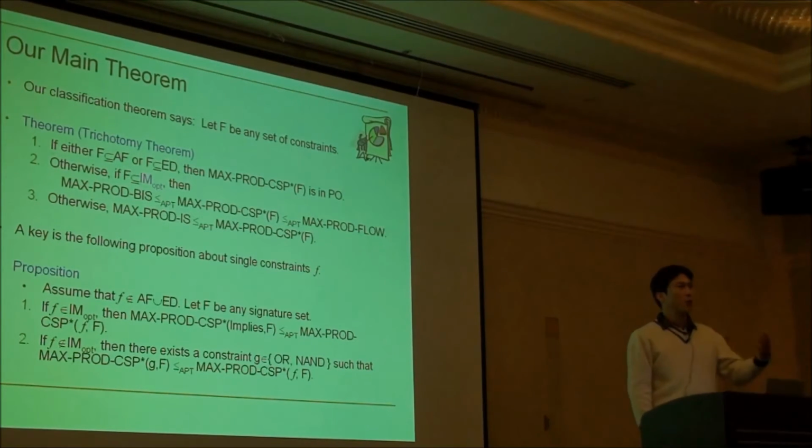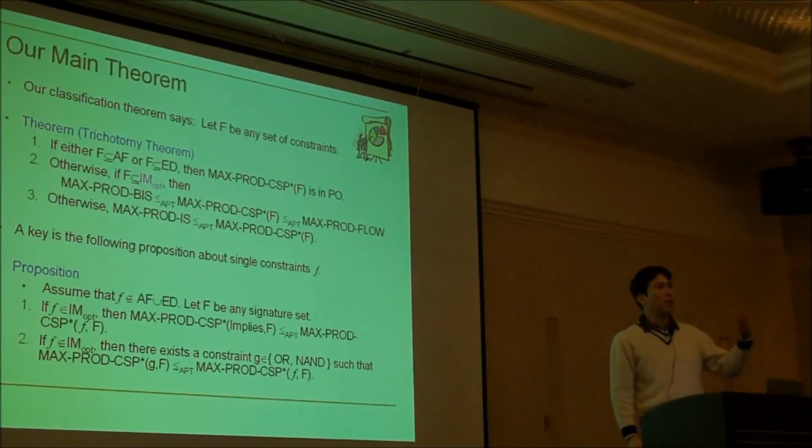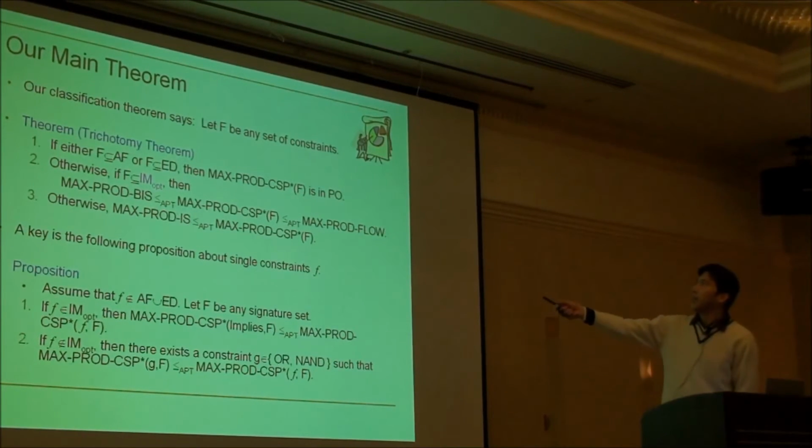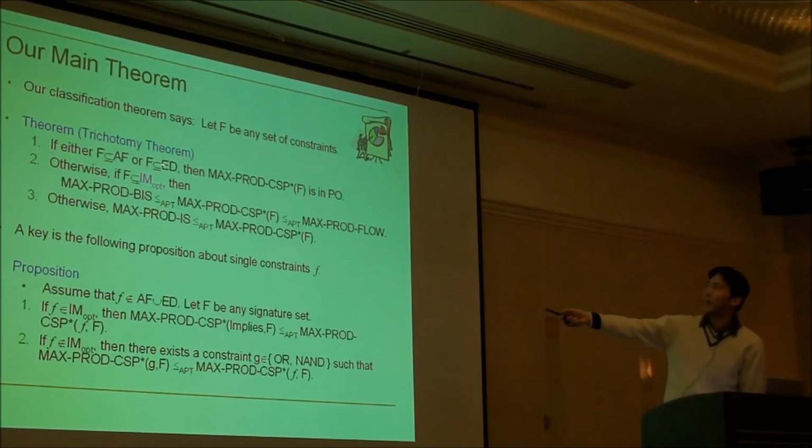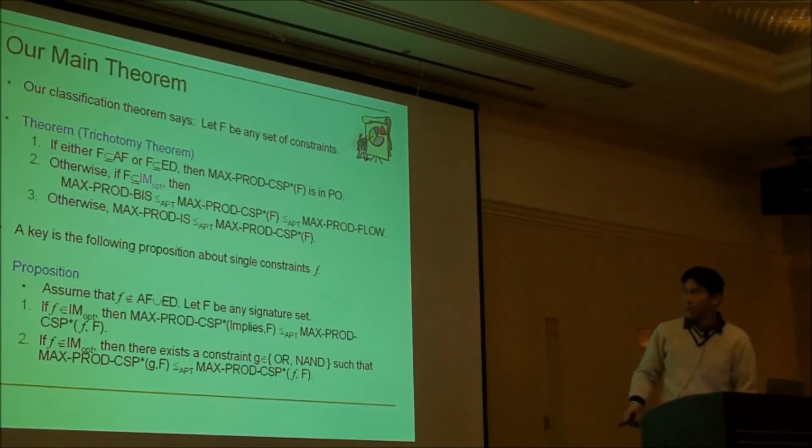Instead of two categories, we actually have three different categories here. F is a given set of constraints. First, if F is a subset of either AF or ED, then the max-prod CSP is solvable in polynomial time.